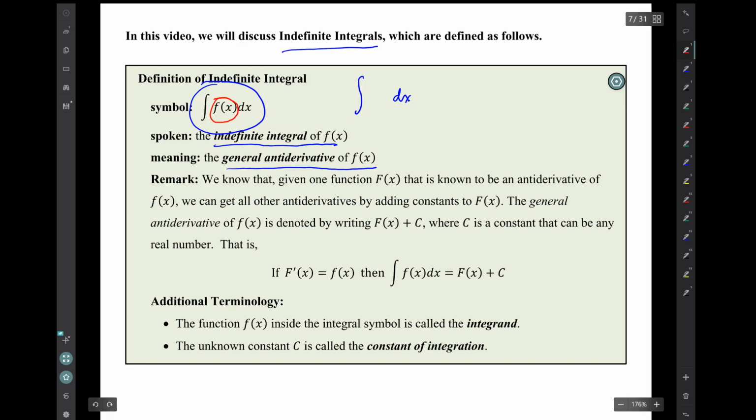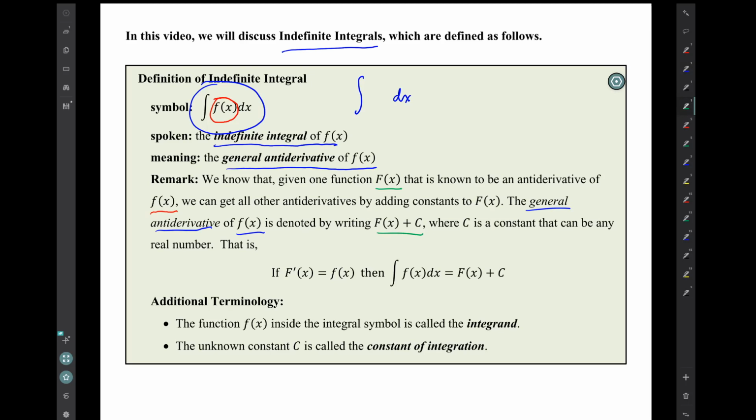So a remark is in order. Given one function, capital F of x, that's known to be an antiderivative of a function little f of x, we know that we can get all other antiderivatives by adding constants to capital F of x. That is, the general antiderivative of little f of x is denoted by writing capital F of x plus capital C, where capital C is a constant that can be any real number.